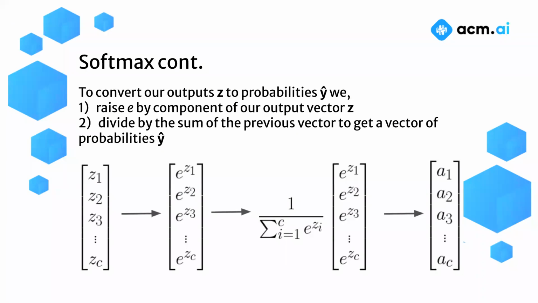And basically what we do is wx plus b, and we get z1, z2, z3 to zc for our classes, the scores. There are mathematical shortcuts to do softmax. What you'll learn in the advanced track is a library called PyTorch. In PyTorch, you can apply the exponent function to, for example, each element of this vector.